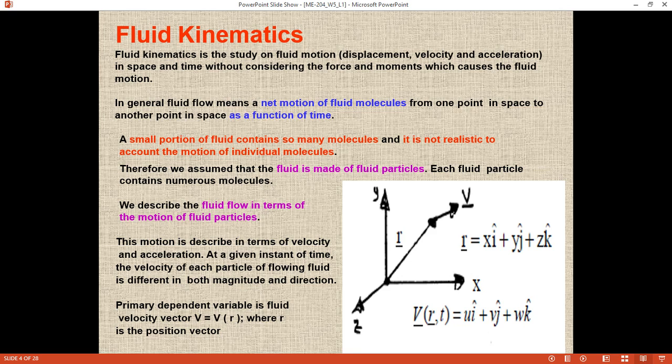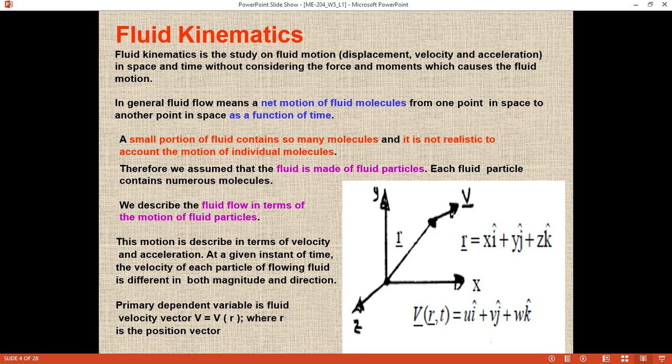You should understand that a fluid has millions and trillions of molecules. So you cannot discuss a single molecule, because if there is a fluid flow or a gas flow in a pipe, you can understand how many molecules are there. So we cannot observe or discuss every single molecule in it.